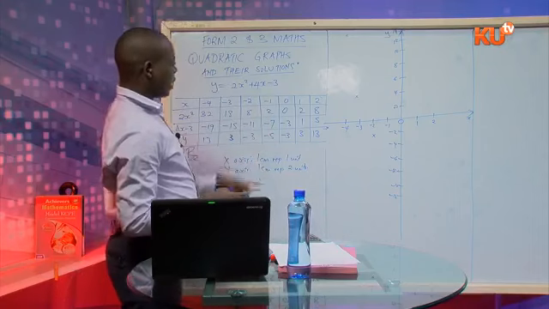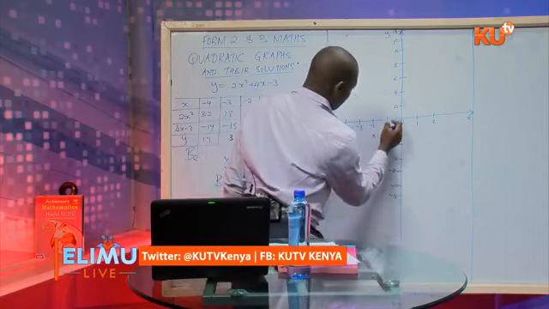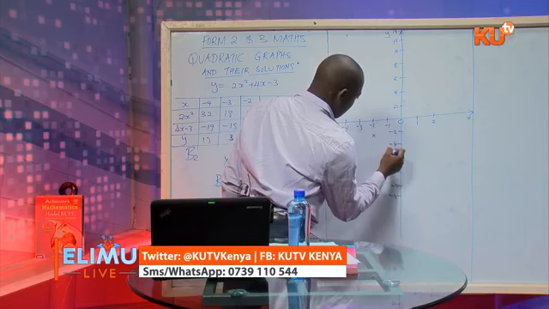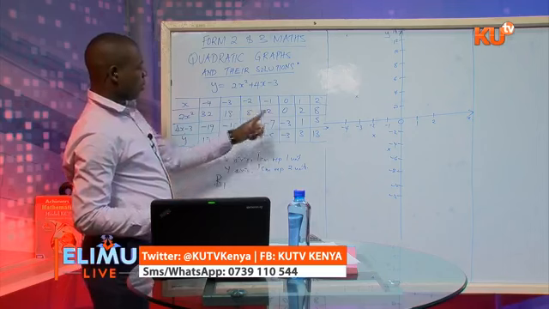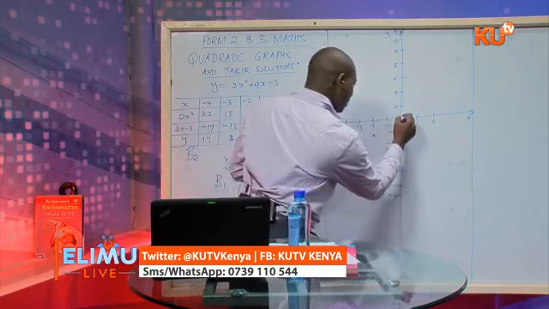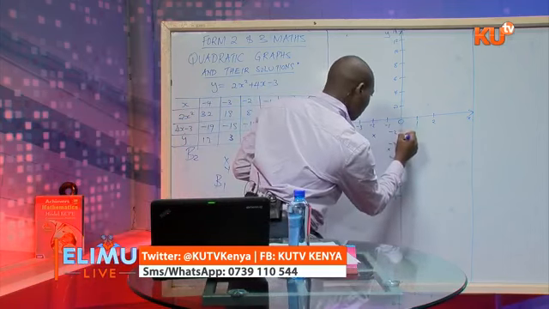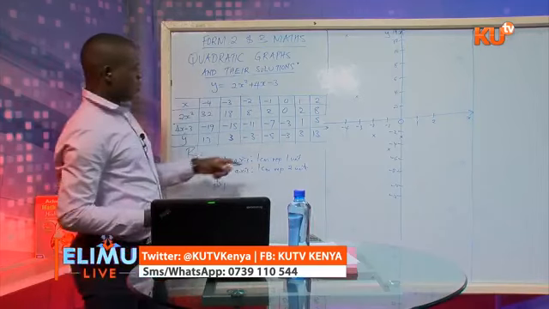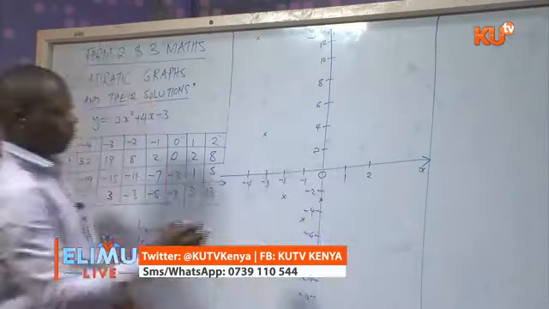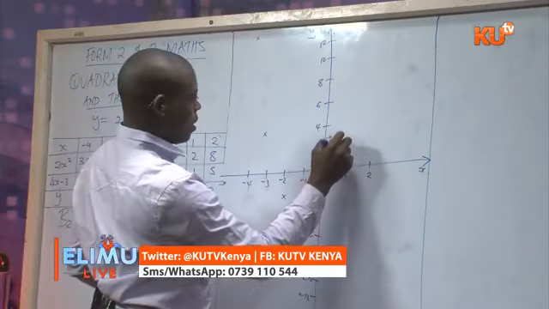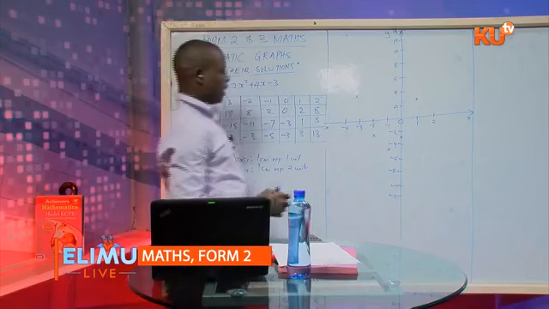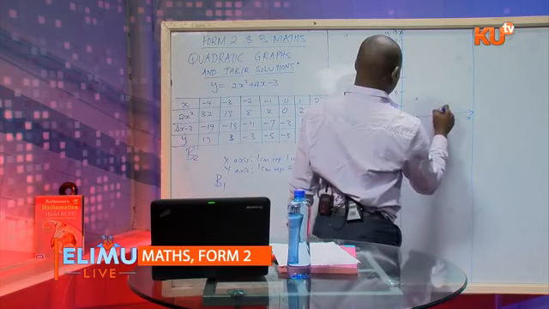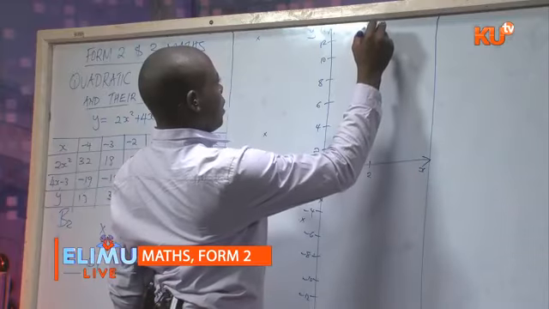We have negative 1, negative 5. Then 0, negative 3. Then we plot 1, 3. And then 2, 13.